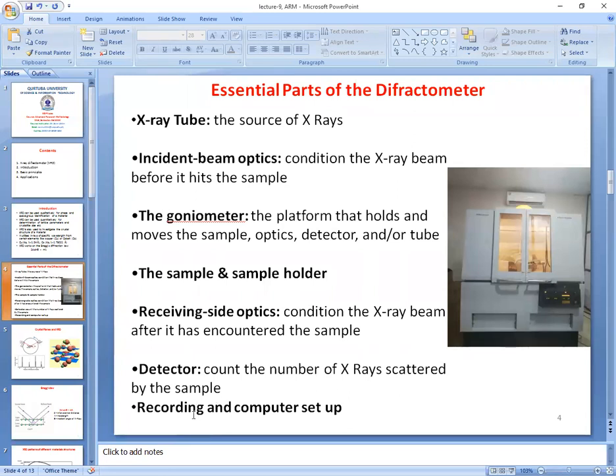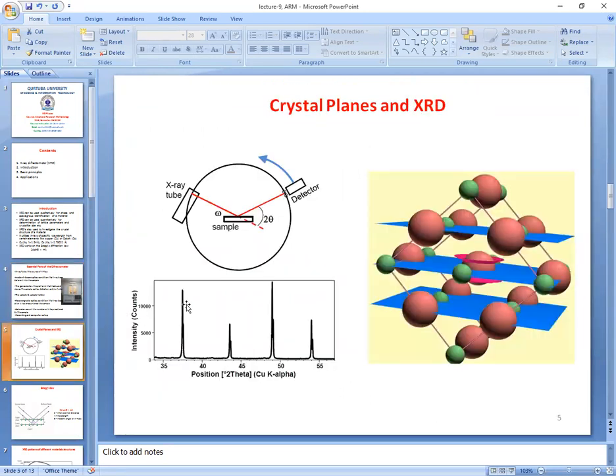And also you need recording facilities, which must be a computer setup, which records the diffracted data, which we can use later. So these are the main parts of the XRD machine. How the XRD works, we will discuss in the coming slides.